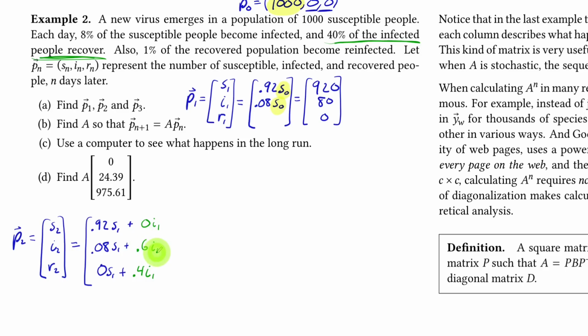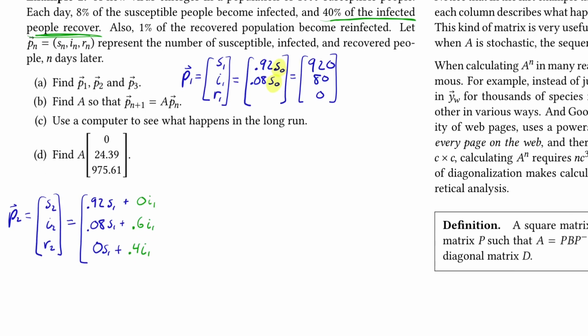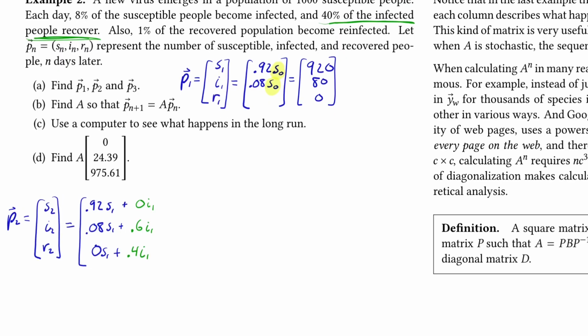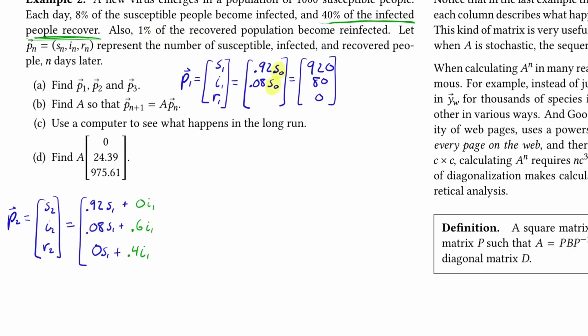And then let's think about the recovered people. Well, there were no recovered people, so we know this is going to be 0, but let's think about it anyways. We know that 1% of the recovered people can become reinfected. So we could think of that as 0.01 times recovered people, and then the other 99% of people that are recovered stay recovered, but you can't go from being recovered to being susceptible again.